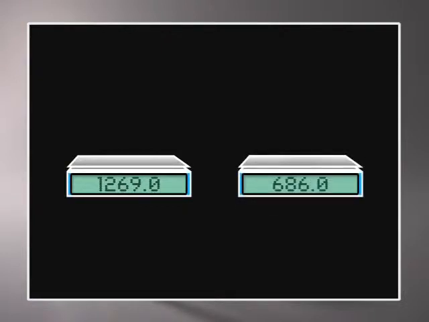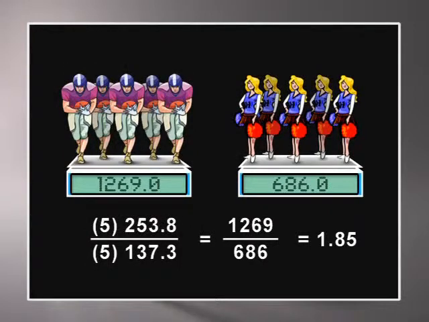Back to our football player and cheerleader analogy. If you knew that a bunch of football players that you couldn't see were on a scale, and a bunch of cheerleaders that you couldn't see were on another scale, and the ratio of the readings on the scales was 1.85 to 1, you would know that you had equal numbers of football players and cheerleaders, even though you couldn't actually see them and count them.